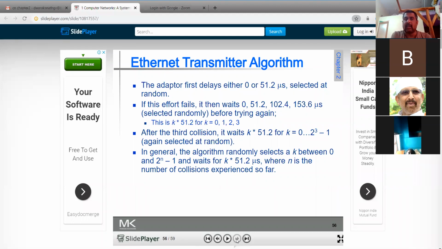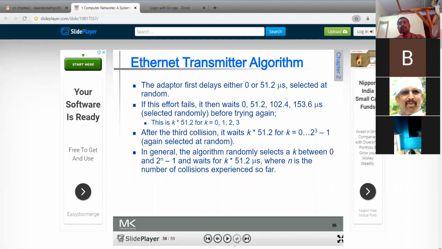Now this is how the formula will work. K into 51.2 is the formula used, where K is a sequence of numbers starting from 0, 1, 2, 3. So how is K defined? K is defined on the number of collisions occurred. Assume the number of collisions is N, say after the third collision. How will K be taken?